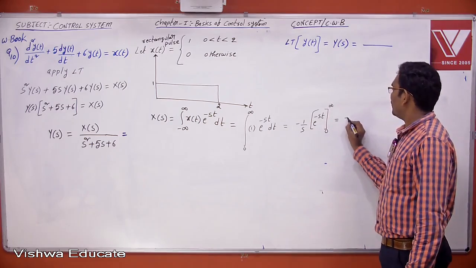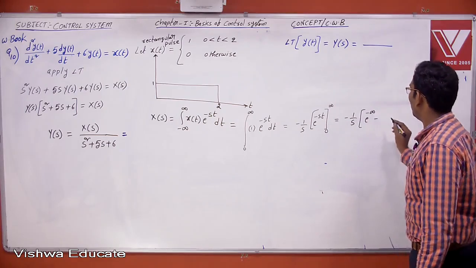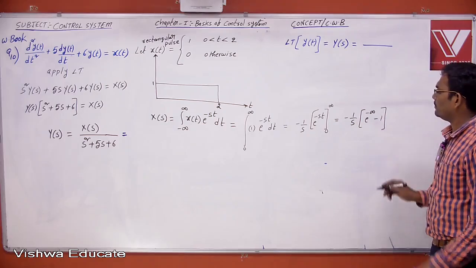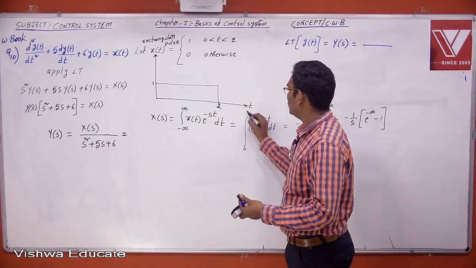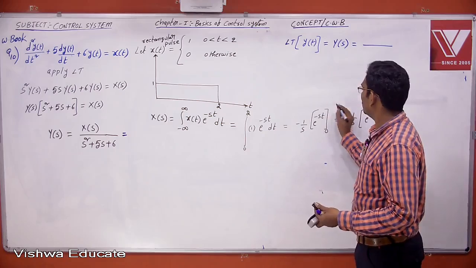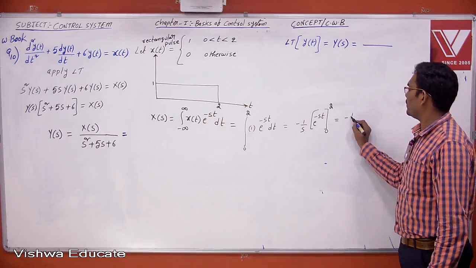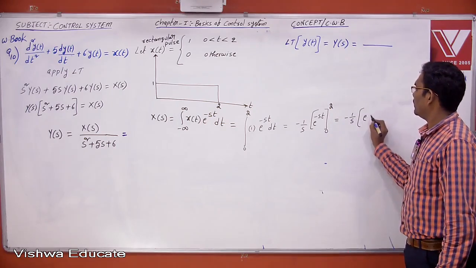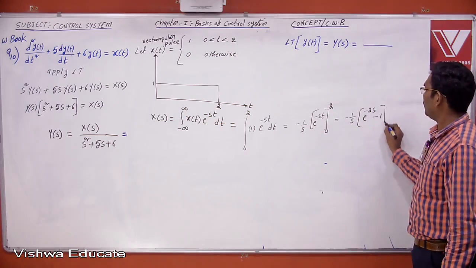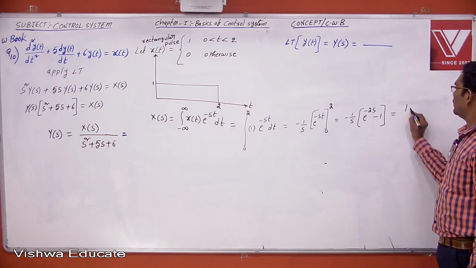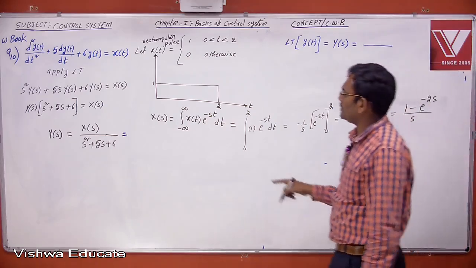But here the limits are 0 to 2. Now this is minus 1 by s into e power minus st, upper limit 2, lower limit 0. e power 0 is 1. If I take the minus as common, this is nothing but 1 minus e power minus 2s by s. This is x of s.